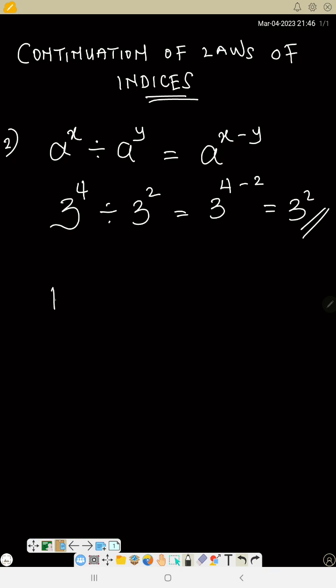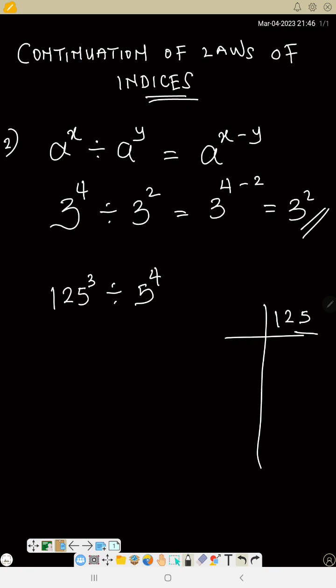So if it is 125 raised to power 3 divided by 5 raised to power 4, to do this, the bases are not the same. So I have to make 125 the same base as 5. If you don't know this already, just use your LCM format, 125.